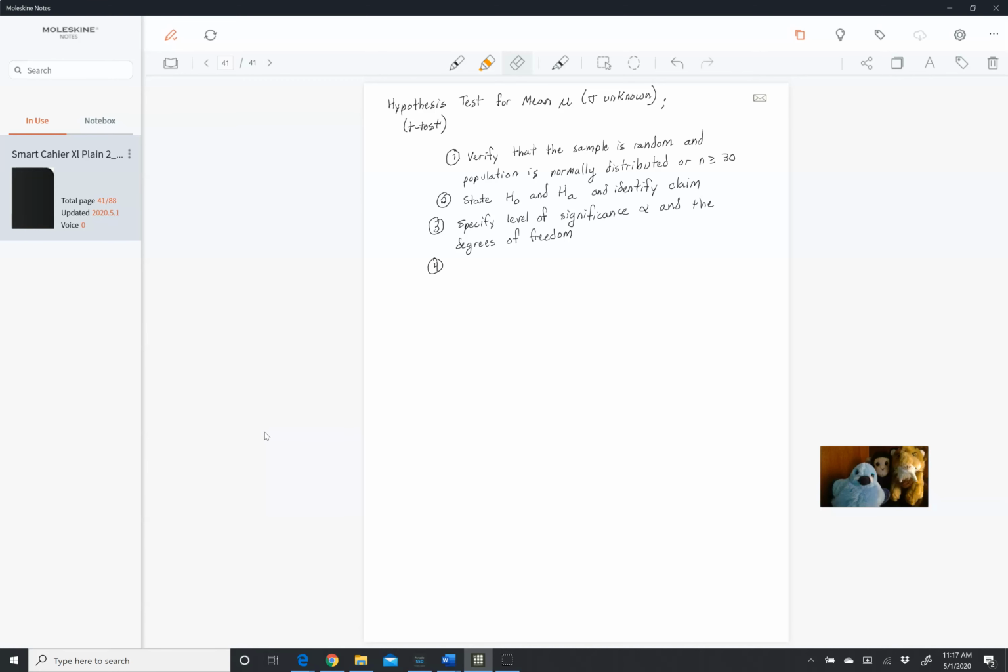Okay, the next thing that you want to do is, now that you have your degrees of freedom and your level of significance, you can determine your critical value, which will give you your rejection region. So you have to use your t-chart.